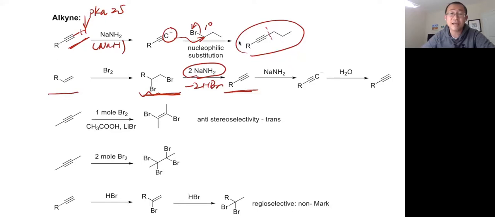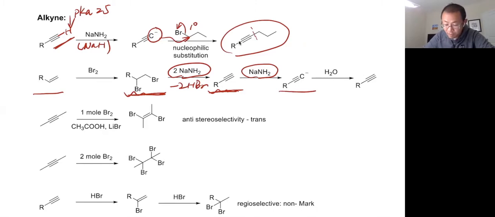Now, in this particular case, because the product is a terminal triple bond, we know from the beginning, terminal CH is acidic. So this terminal product will consume one further equivalent of the base. So technically speaking, you need at least 3 equivalents of the base to get the C-.